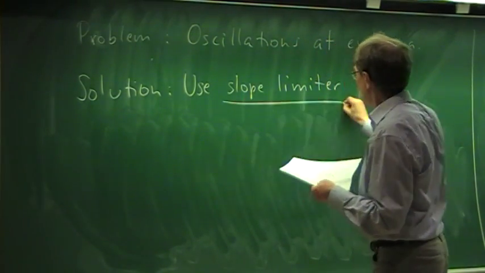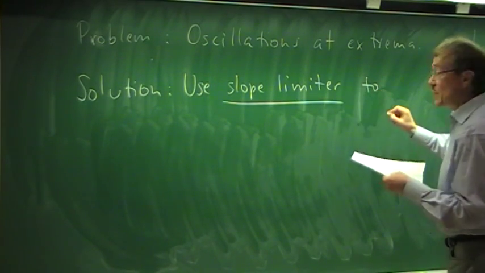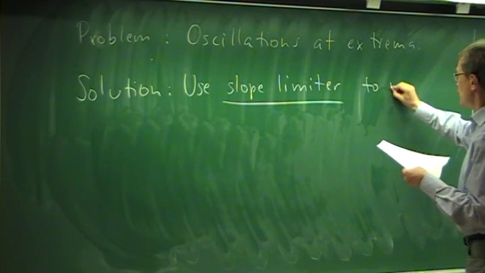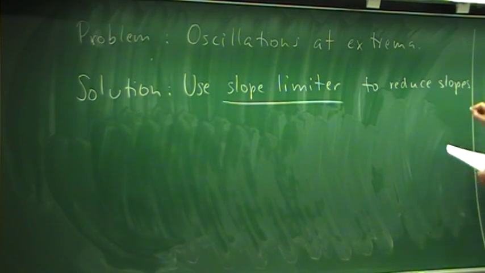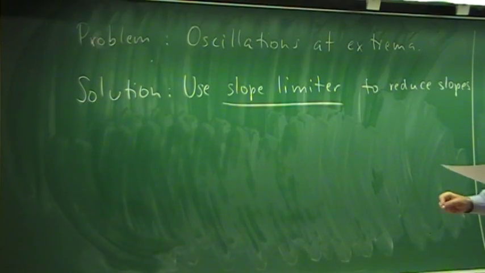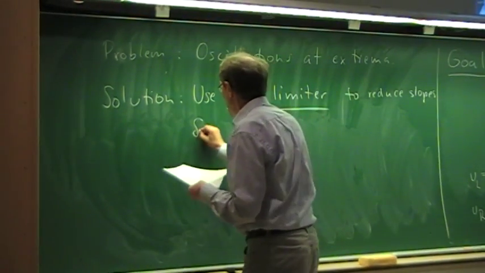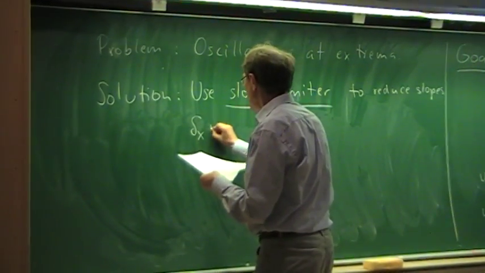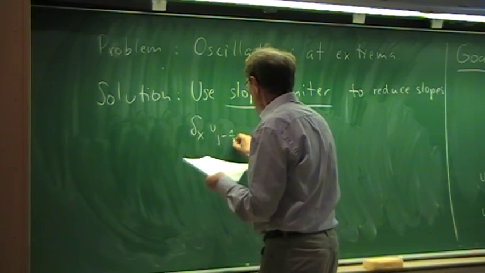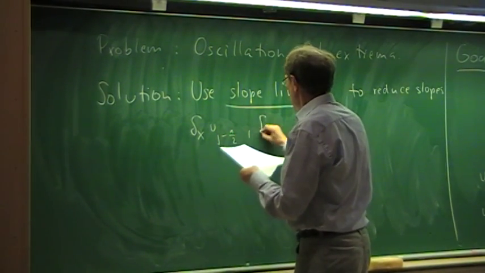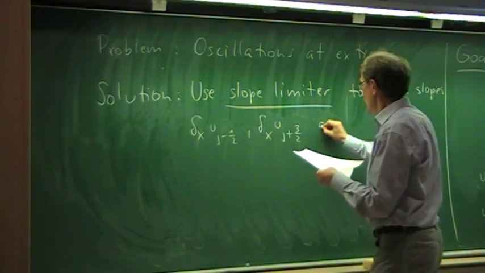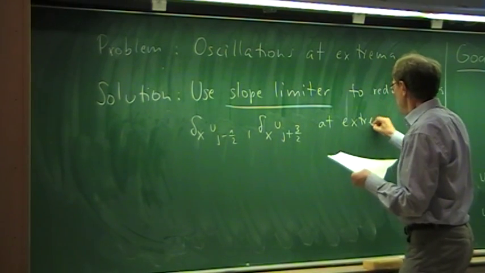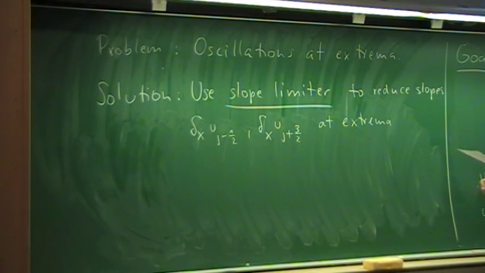That is, as the name says, to reduce the slopes, and in particular at extrema. In our case, the slopes that are involved are at the face j minus 1/2 and at the face j plus 3/2. So they are reduced at extrema. So how do we do that?